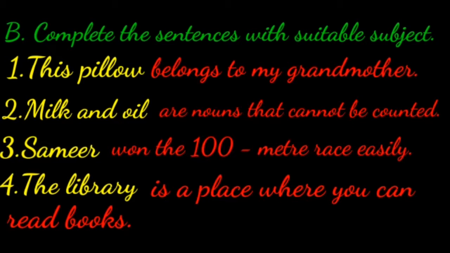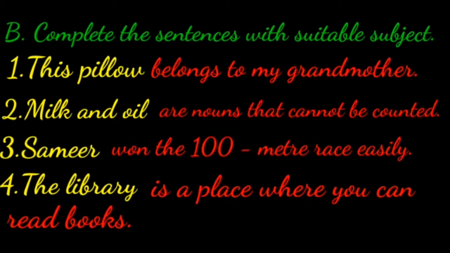Let's see the first one. This pillow belongs to my grandmother. But in your book, they gave a dash, belongs to my grandmother. Here, this pillow is the subject. In that dash, you have to write this pillow. So the answer is this pillow.